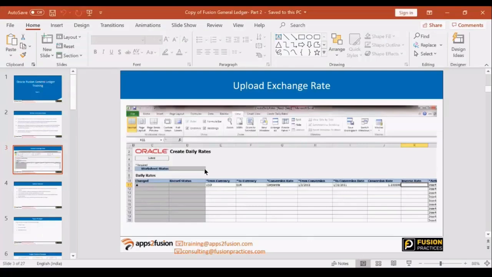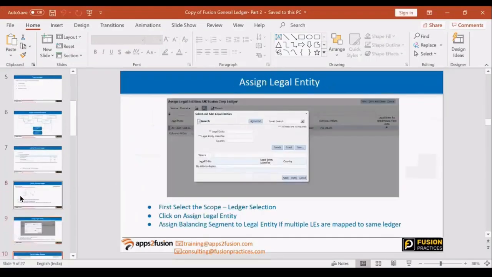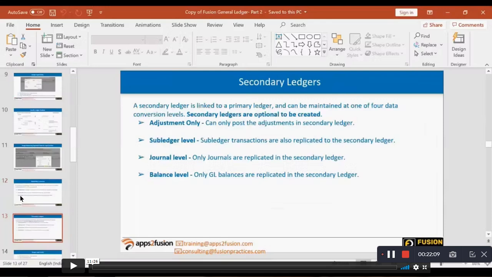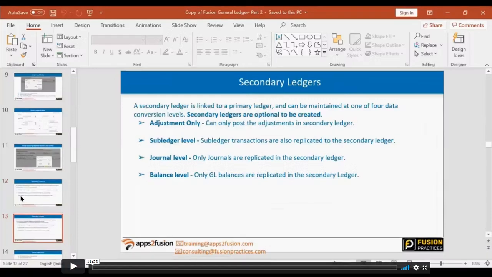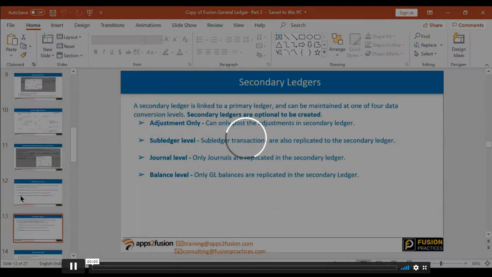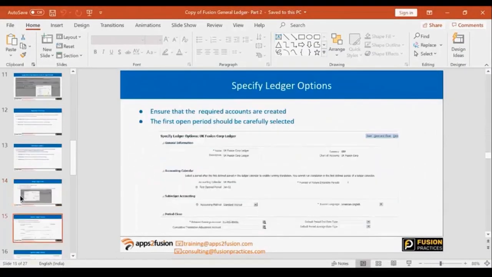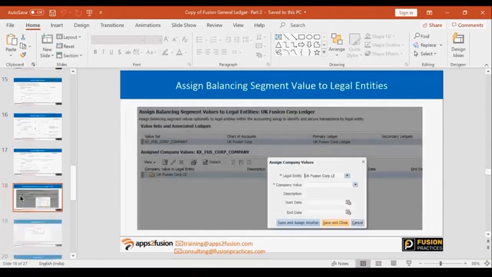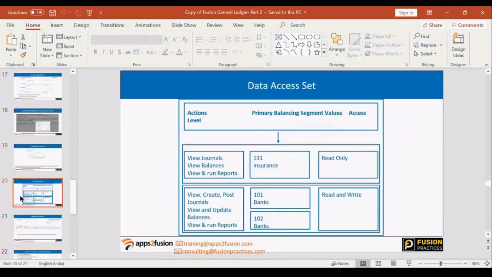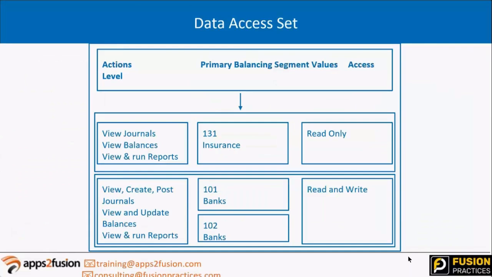Okay, so I was explaining about the data access sets. What is a data access set? We have done all these steps: specify ledger options, assign legal entity, balancing segment value, reporting currencies and all. Now once we deploy the ledger configuration, automatically the system is going to create one default data access set for us.